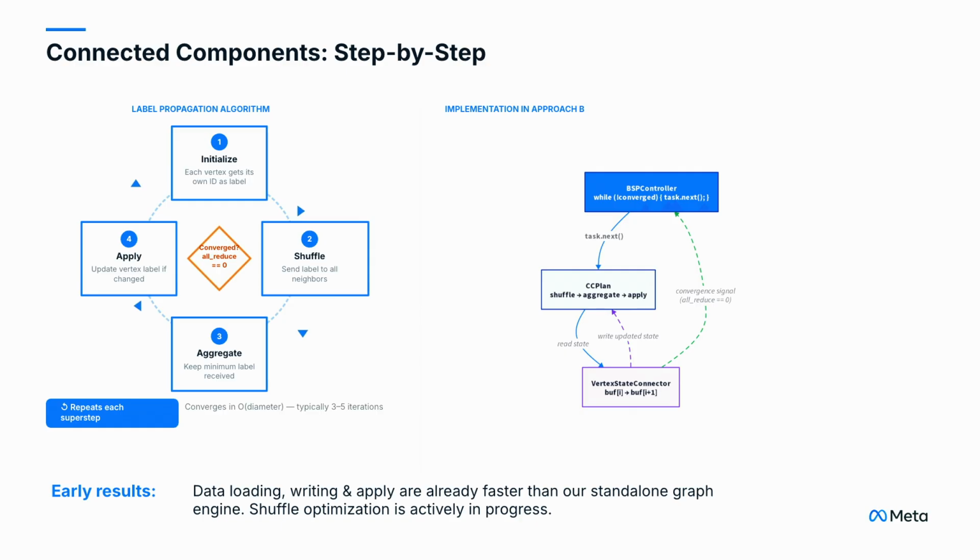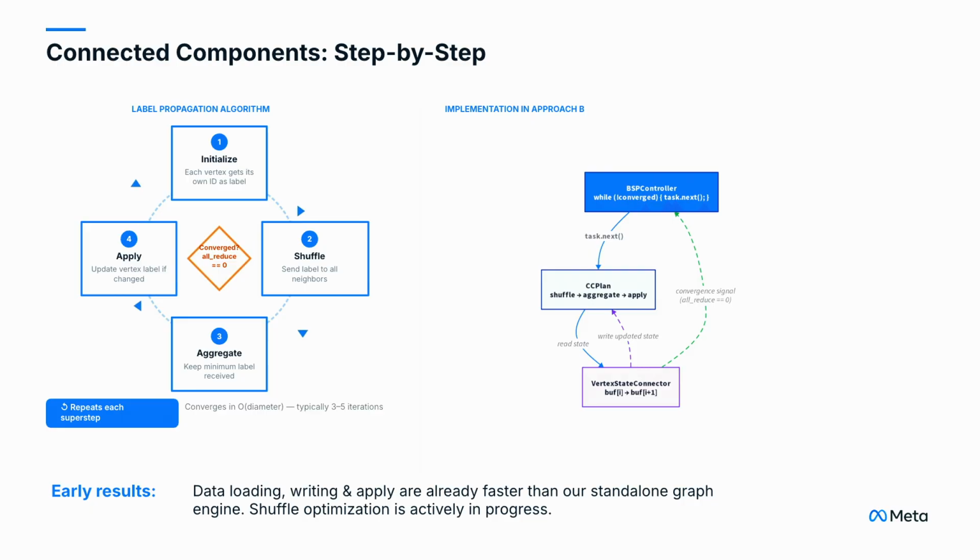Okay, here let's look at a concrete example. Connected component is one of our core target workloads. So we use it as the example and we built a prototype for it. The algorithm is simple if you haven't heard of it previously. It's simple label propagation. The idea is that every vertex starts with its own ID as its label.